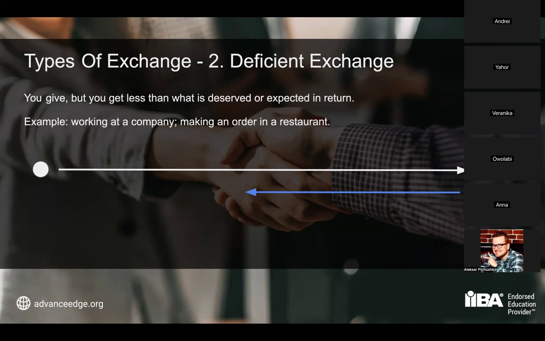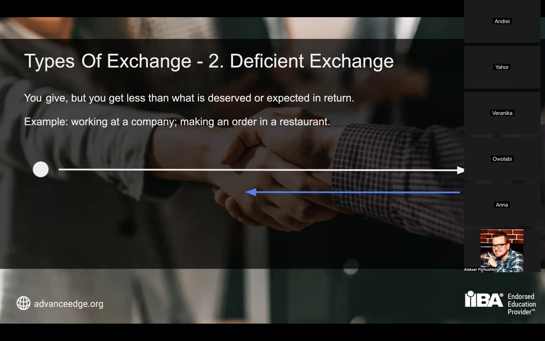I will continue talking about the same two examples throughout all four types of exchange. If you're working at a company, assume that your salary should be as it was agreed and you signed a contract that your monthly salary is $1,000, just for an example, right? You do all the responsibilities, all your tasks, you are good at your work, and there is nothing that has been left incomplete or you were not coming to your workplace or something.